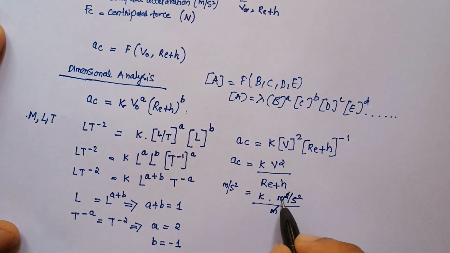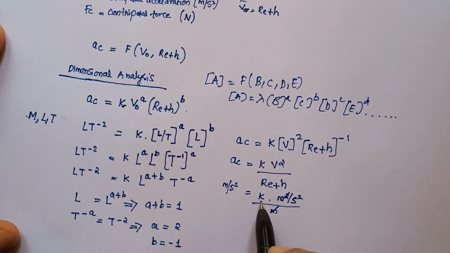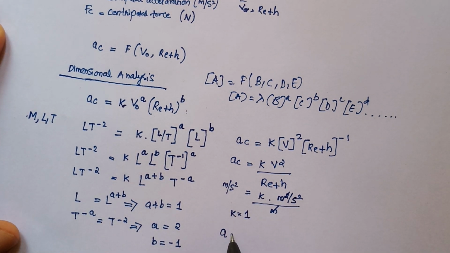Now meters get cancelled off, you get meters per second square, and you end up with k equal to 1. So finally you are going to get AC is equal to v square divided by Re plus h. This is a very important relationship.